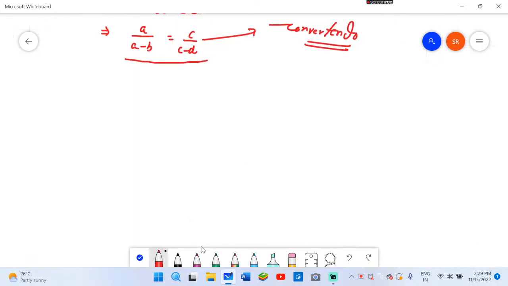Now, we take a few examples so that we can learn how to use these properties.